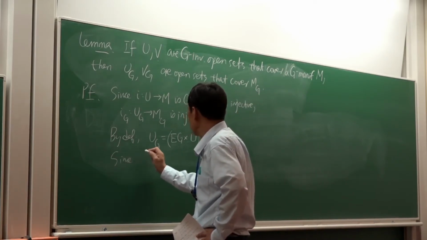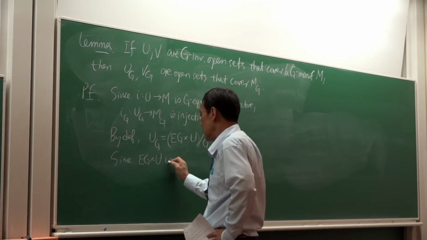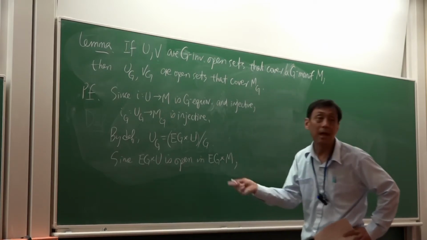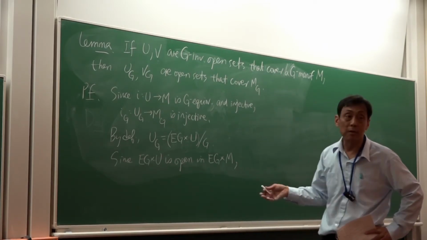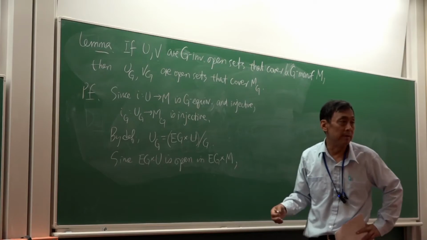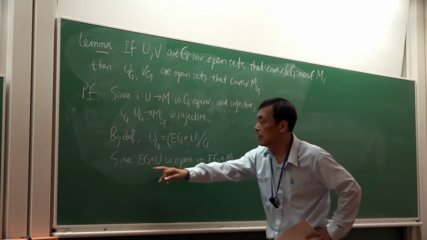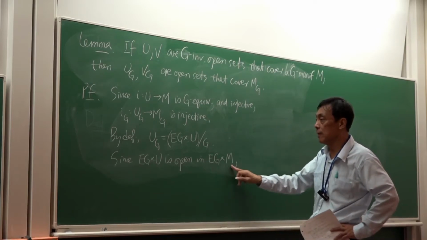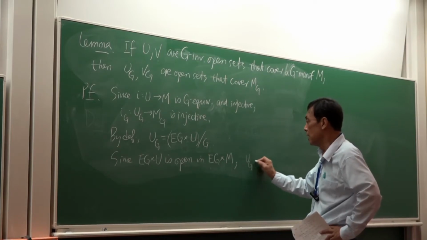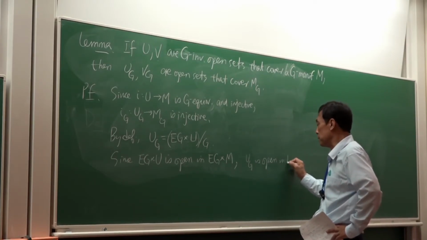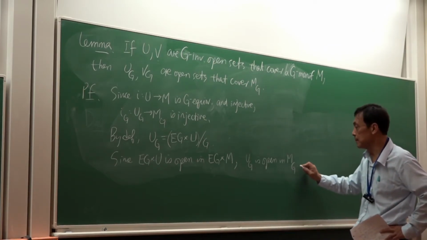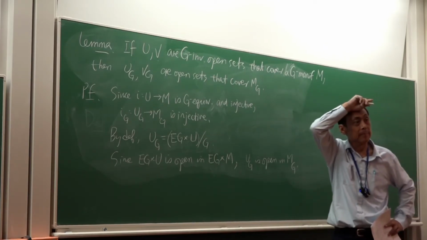Since EG cross U is open in EG cross M, and in the quotient topology a set is open if and only if its inverse image is open, so since the inverse image is open in EG cross M, we know that U_G is open in M_G.